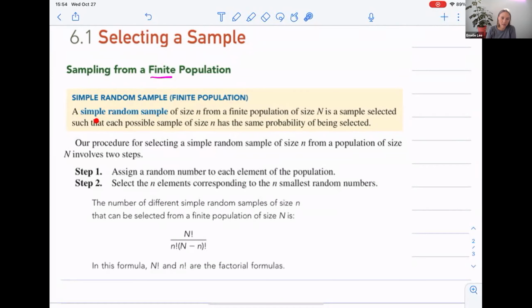But a simple random sample of size n from a finite population of size capital N is a sample selected such that each possible sample of size n has the same probability of being selected. So I like to think of it as each individual has the same probability of being selected into the sample, but those are the same.